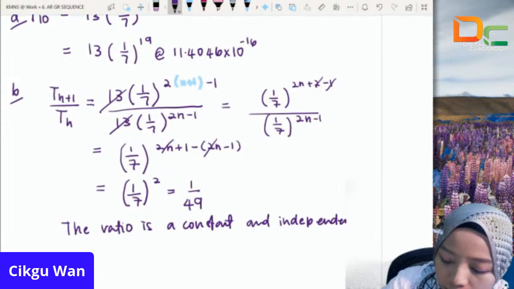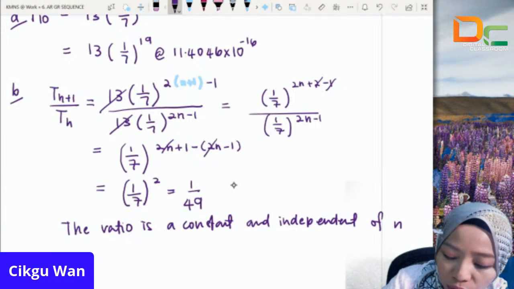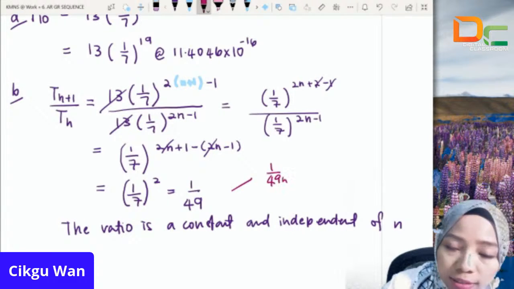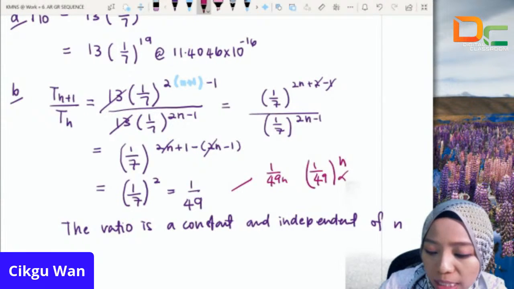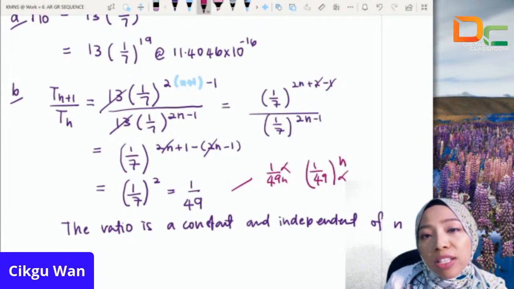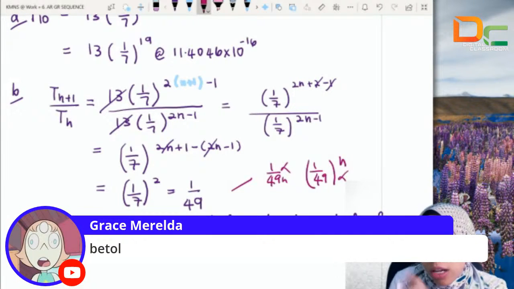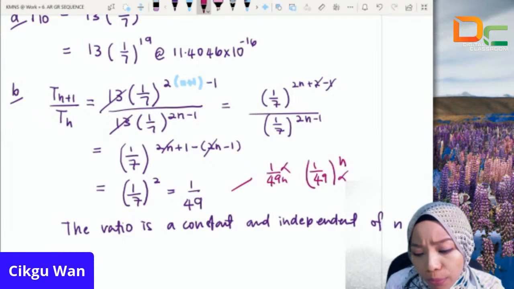Independent of n. Maksudnya dia tak ada 1 over, okay, for example dia bukan 1 over 49n ke, ataupun bila you kira-kira dia masih ada 1 over 49 to the power of n ke. Kalau you dapat macam ni, maksudnya ini bukan geometric series. Maksudnya dia dipengaruhi oleh benda lain. N tu akan, the values here akan berubah mengikut nilai n. Faham? Okay.